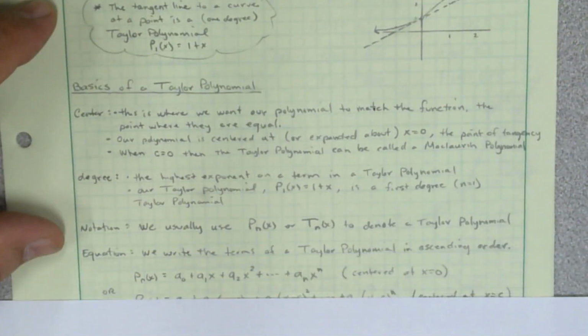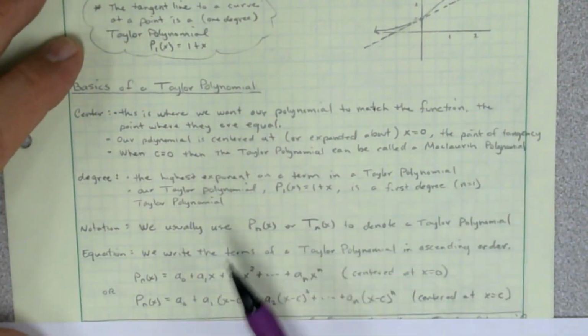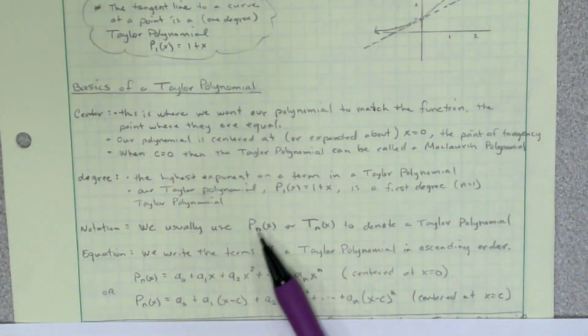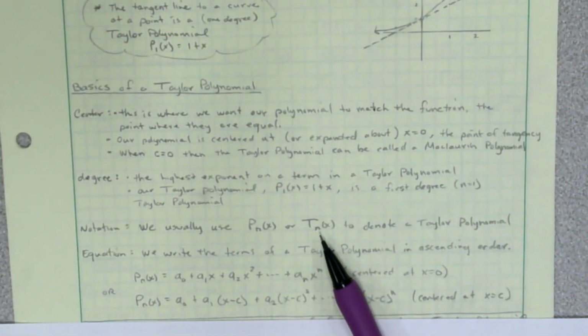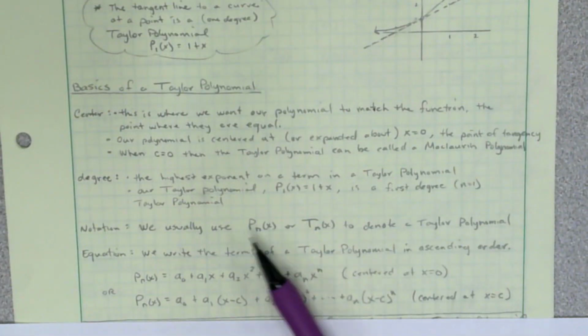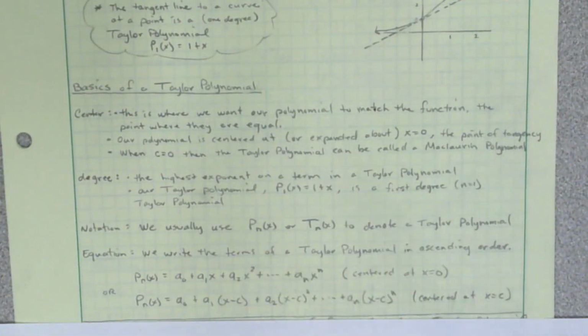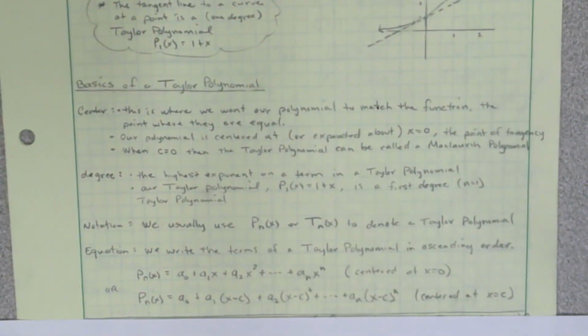Notation. They usually use p, but you'll see books will use t for Taylor, p for polynomial, so they can use either one of those two. They can call it whatever they want, technically, but these are the most common ones that are used. The equation: we write the terms of a Taylor polynomial in ascending order.